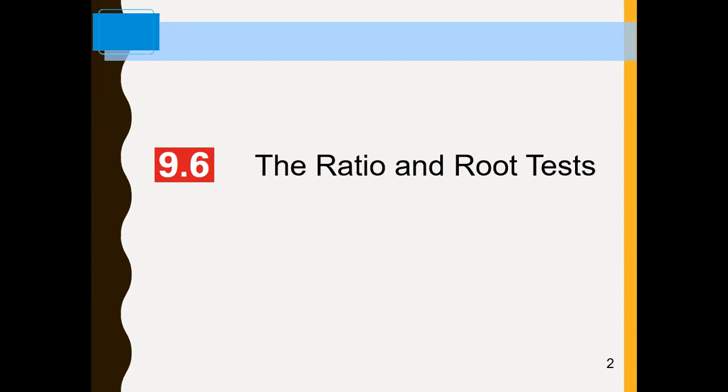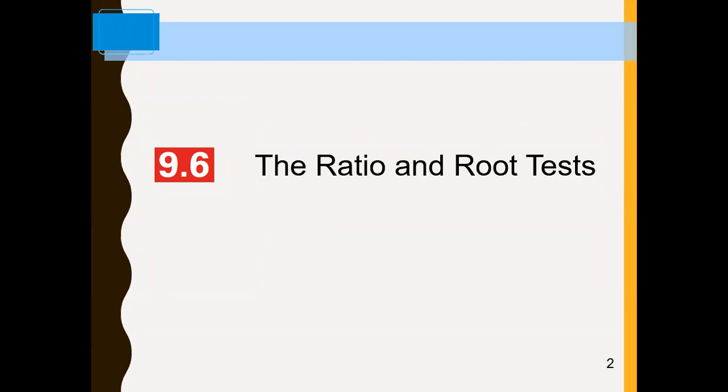Alternating series test deals with a specific kind of series that has negative and positive terms every other, yes? The ratio and root test is a little bit more lenient. It applies to any situation whatsoever, sort of like limit comparison, okay?